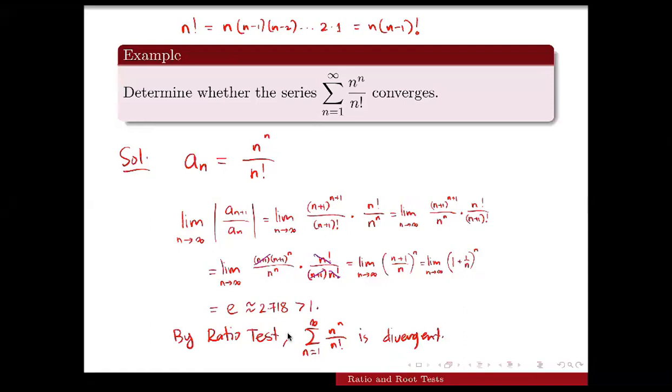So here we just showed by the ratio test that this series is divergent.